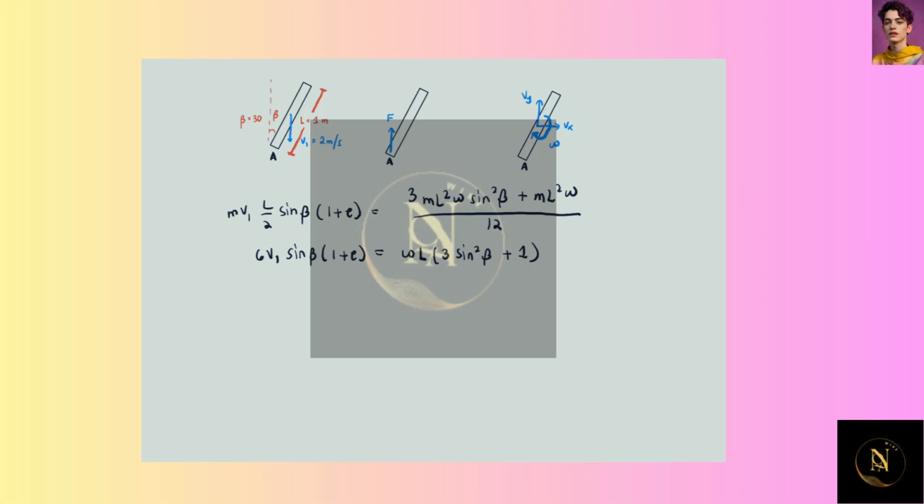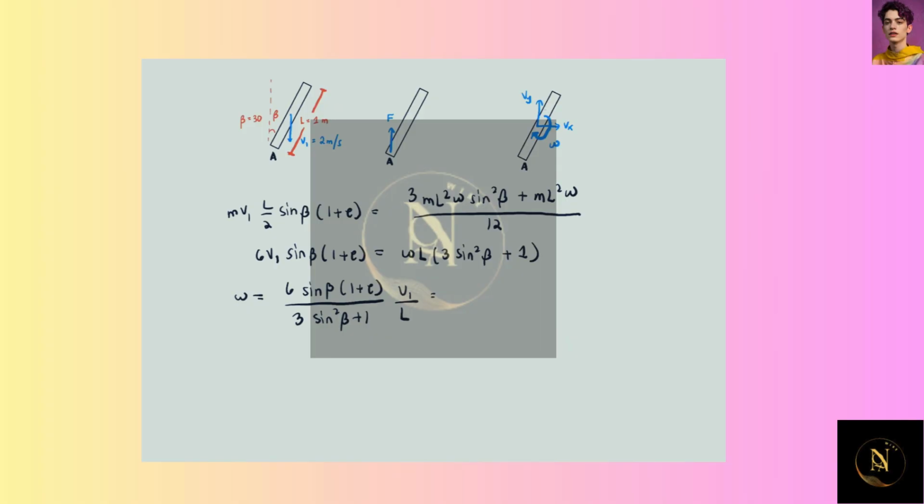Solving for omega, omega is equal to 6 sine beta times 1 plus e over 3 sine squared beta plus 1, multiplied by v1 over L.